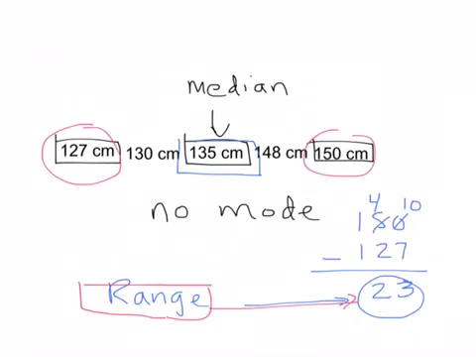The last thing to find would be the mean. How would I find the mean? We did this all last week. Alexis, what am I going to do? Add 127 plus 130 plus 135 plus 137 plus 148 plus 150. You got it. I'm going to add up these pieces of data and then do what with them?